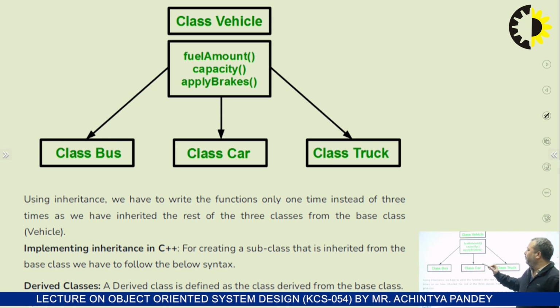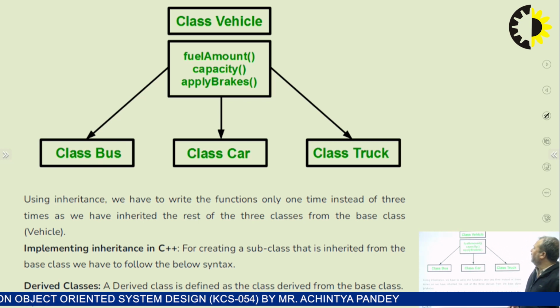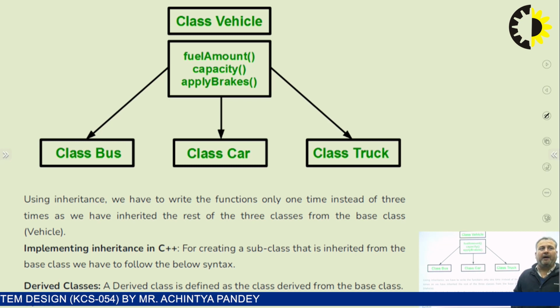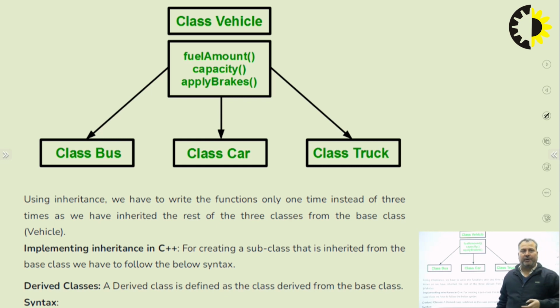The bus class inherits all the properties of the vehicle class. The car class can also inherit all the properties of the vehicle class, but there may be some features which the car has of its own, which the bus does not have, and the truck has its own features.